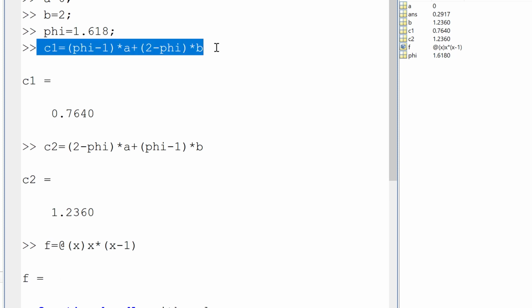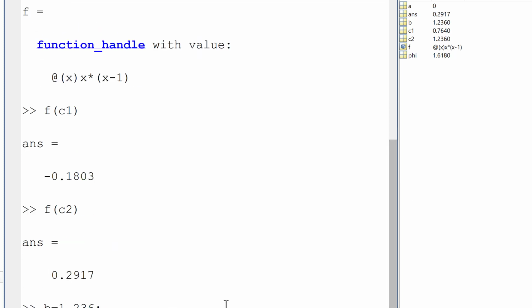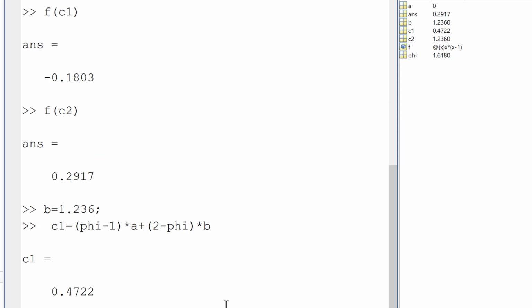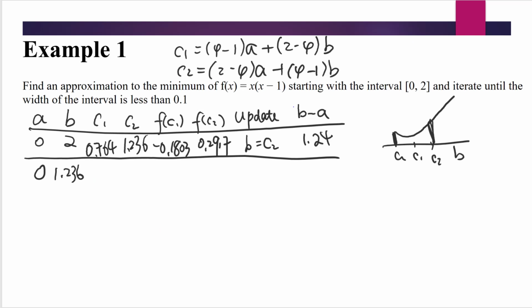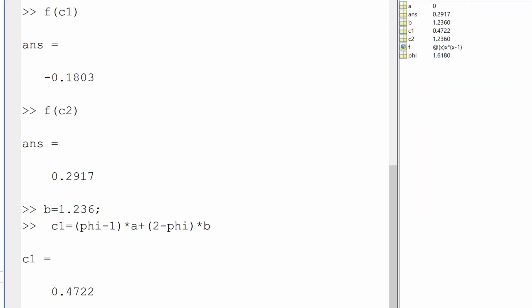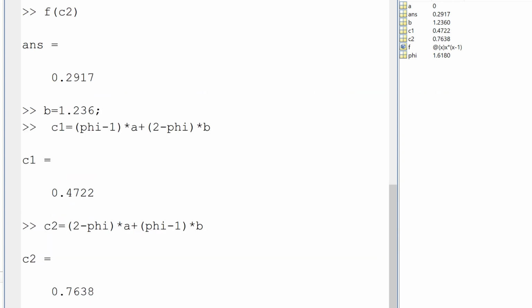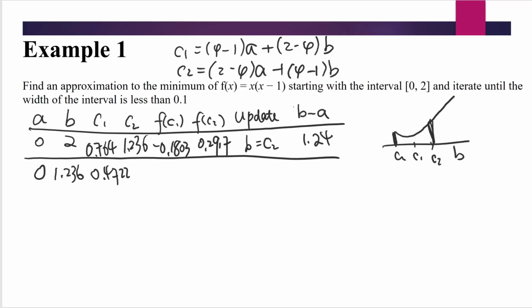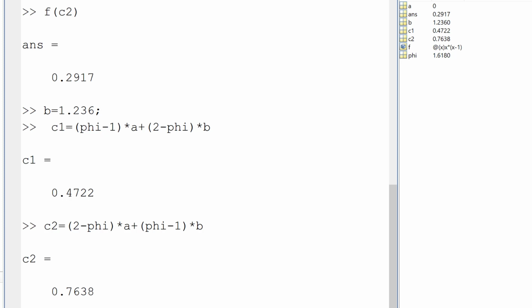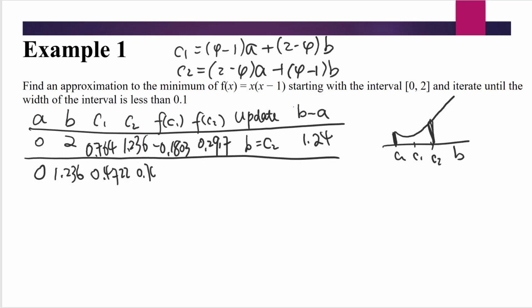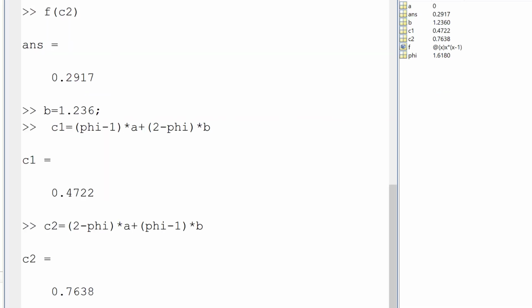C1 will be 0.4722, and C2 is 0.7438. Then we can evaluate f(C1) and f(C2).